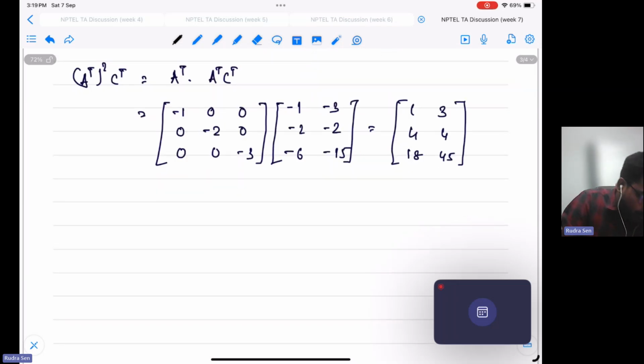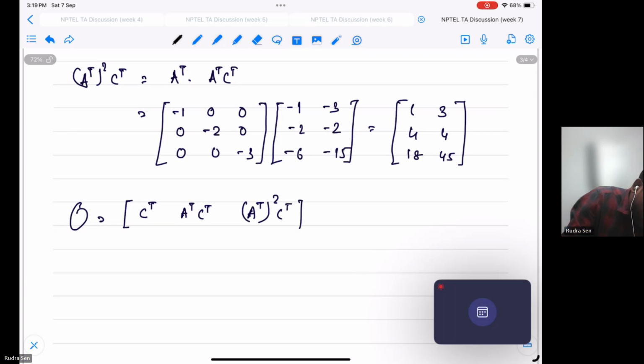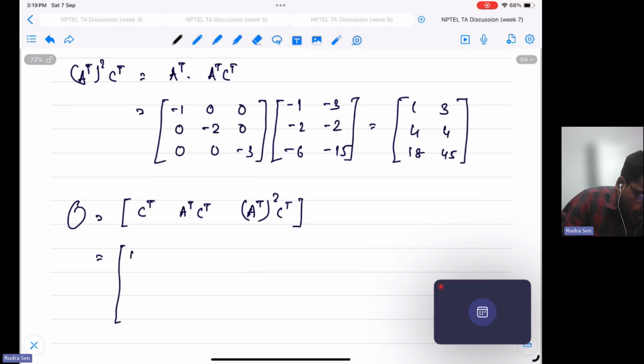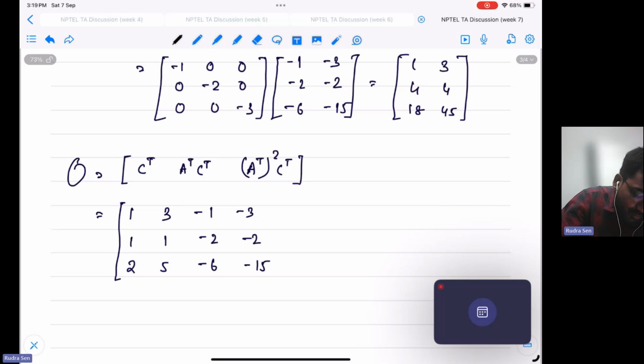So what would be the observability matrix? This is C transpose, A transpose C transpose, and A transpose square C transpose, right? So as you can see, this is 1 3, 1 1, 2 5, then -1 -3, -2 -2, -6 -15, this is A transpose C transpose, and the third one is 1 3, 4 4, 18 45.